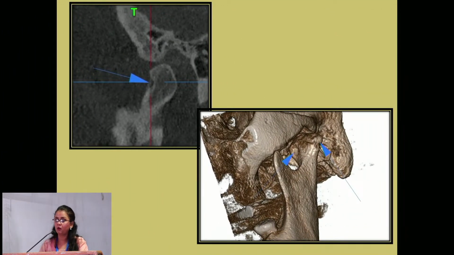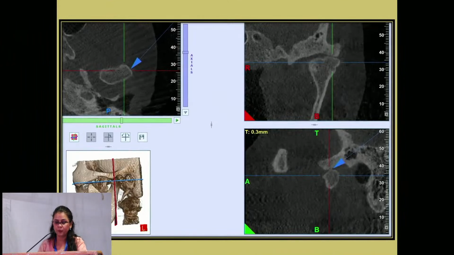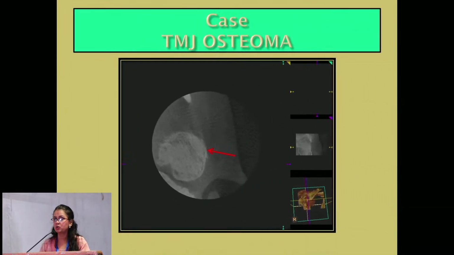On 3D, on the sagittal section, it should be marked with an arrow whenever you are giving a report. In the placement of the condyle that you see, there is a loss of the joint space here. You can always comment on this, and you can comment on the deformity of the condyle.